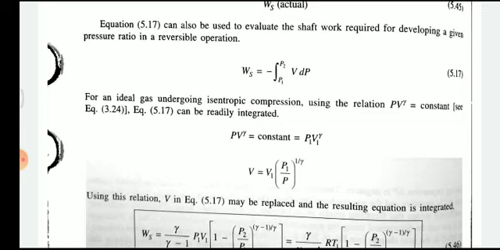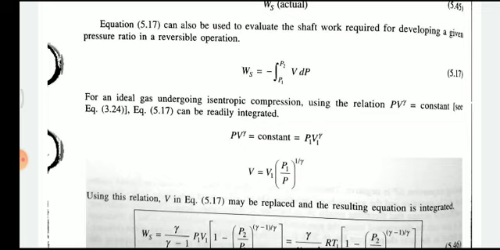And for the ideal gas undergoing isentropic compression, using the relation PV raised to gamma is constant, which we already discussed and derived. So PV raised to gamma is constant, so P1 V1 raised to gamma is also constant.